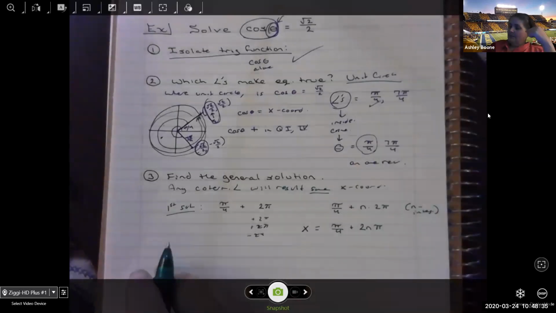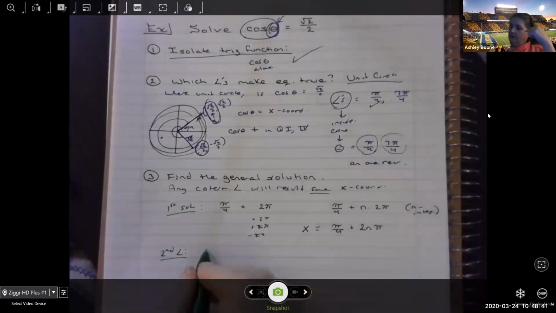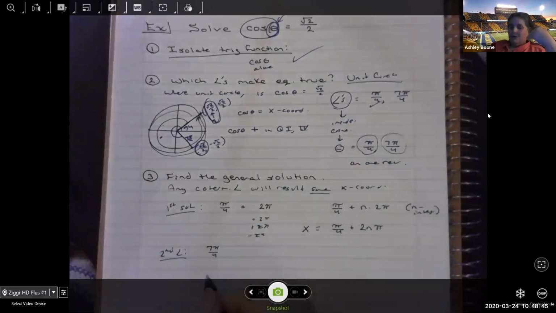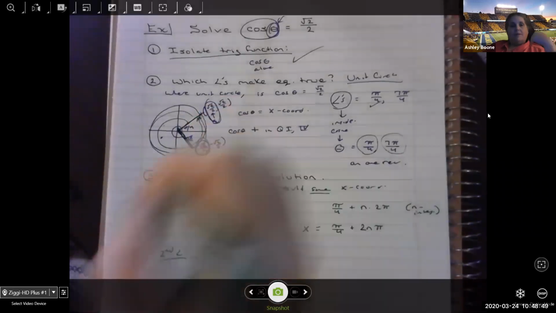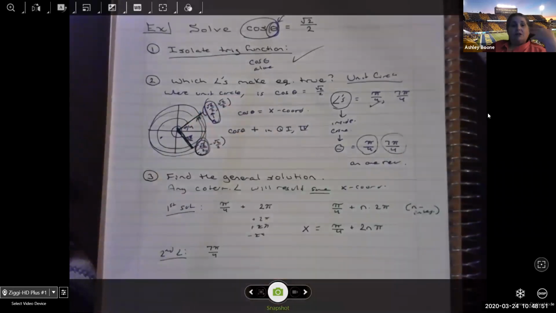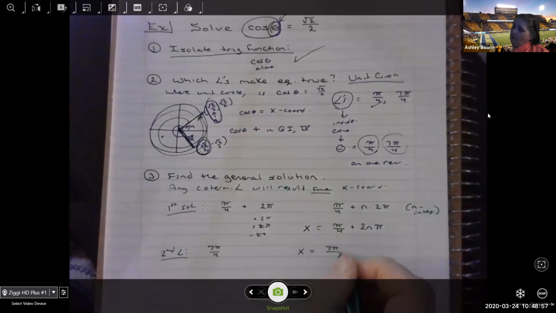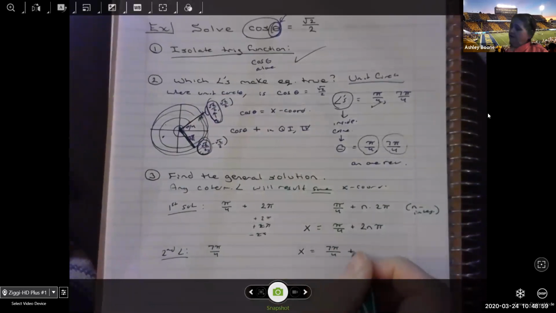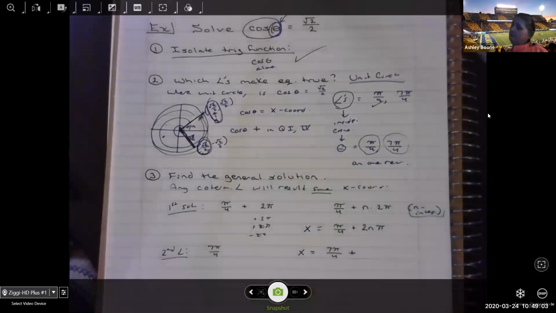We would do the same thing for the second angle. The second angle is 7 pi over 4. Any coterminal angle will end up at that same point, so we end up with that same x value. So just like with the other, if we start at 7 pi over 4 and increase or decrease, n could be any integer, positive or negative whole number.